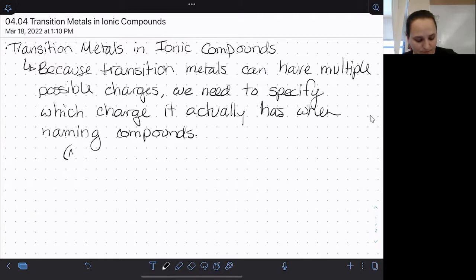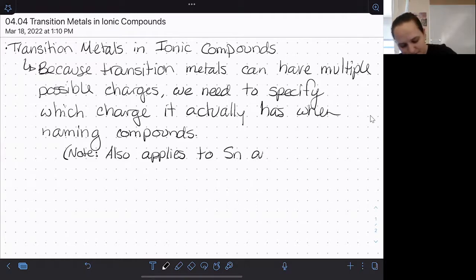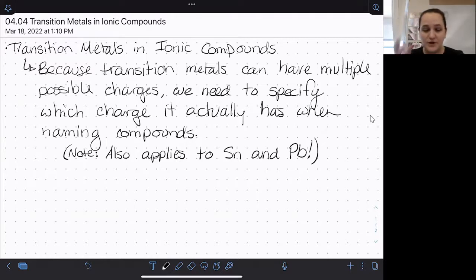We mentioned that tin and lead can also have multiple possible charges, either +2 or +4.